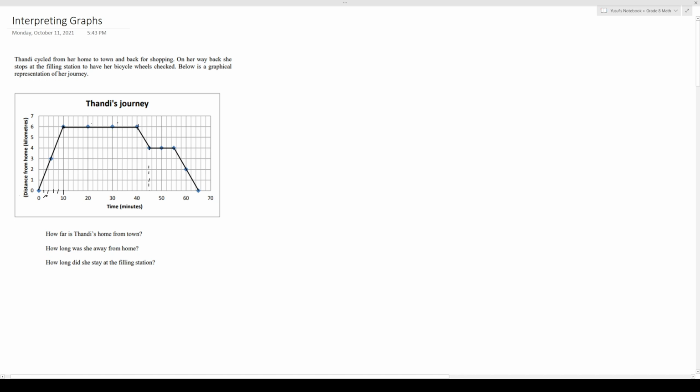So between 0 and 10 minutes, I can see that the distance from her home increased. From 10 to 40 minutes, the distance from her home stayed the same. Between 40 and 45 minutes, her distance from home decreased, which means she's coming back towards home.